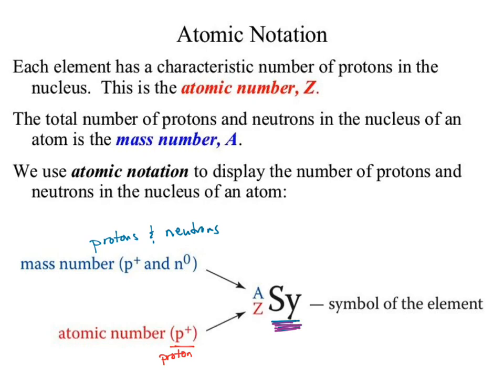We're reading it left to right, top to bottom. Hydrogen. What numbers are associated with hydrogen? 1 and 1. Helium. 2 and 4. Lithium. 3 and 7. Okay. Beryllium. 4 and 9. Anybody notice any patterns here?